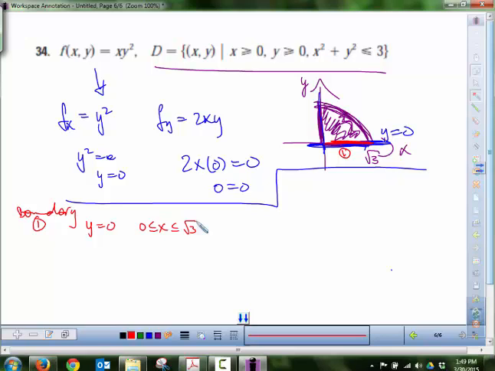So if you put 0 in for y, I thought it was going to be a function of x, but it turns out that being multiplied together, that just becomes 0. So it looks like around here I'll just have a z value of 0, and there's not much to do there.